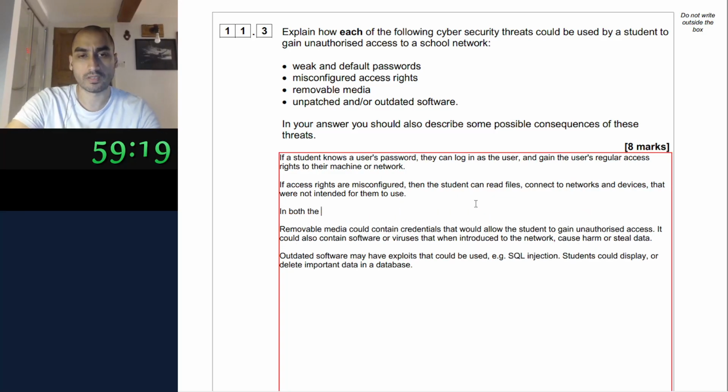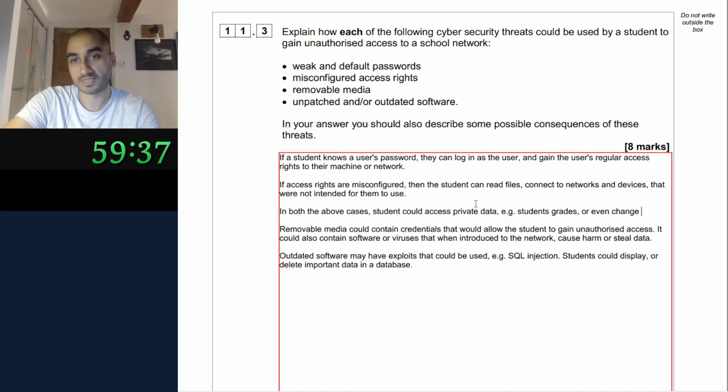In both the above cases, student could access private data, e.g., students' grades, or even change grades. Let's see if that gets us a mark.